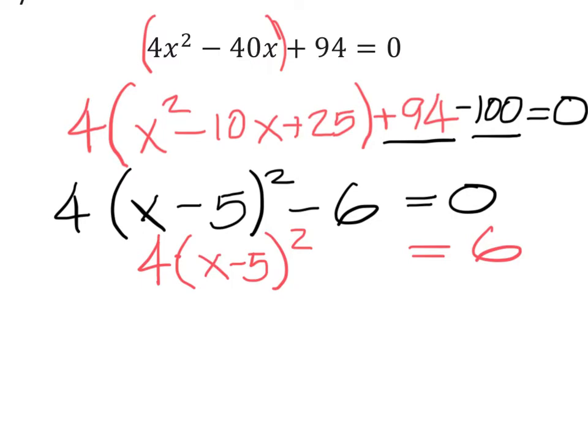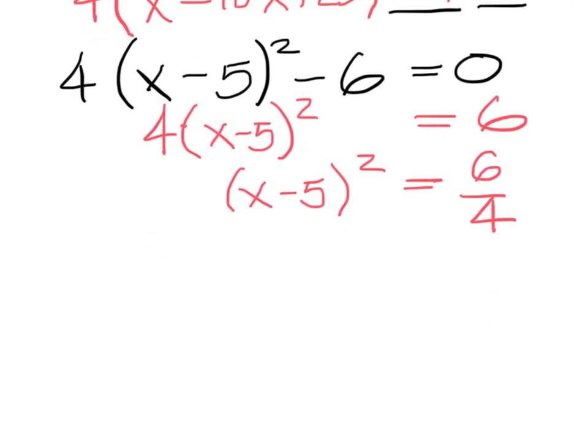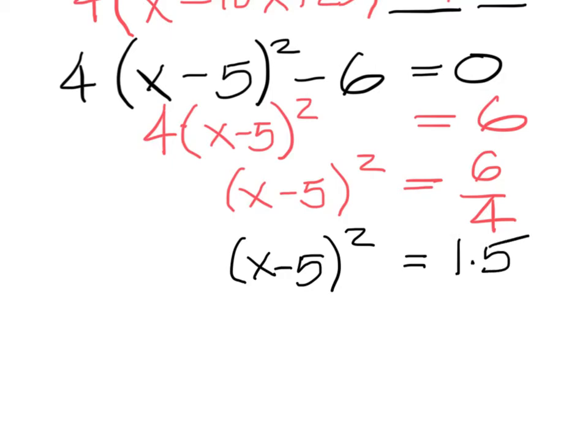Let's go to multiplication and division. I have a 4 in there. I'm multiplying by 4, so I must do the opposite and divide by 4 on both sides. Six over 4. You can make that 1.5. Just divide it. And then undo the quantity squared by doing this.